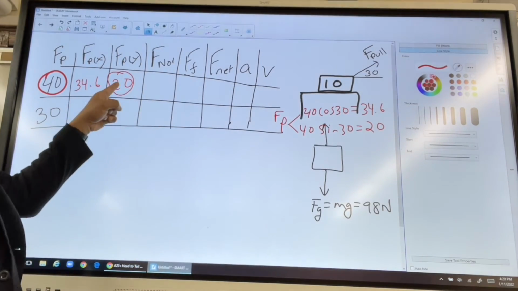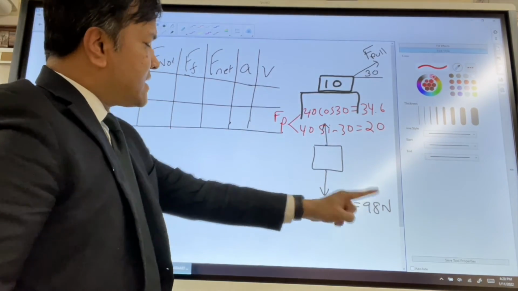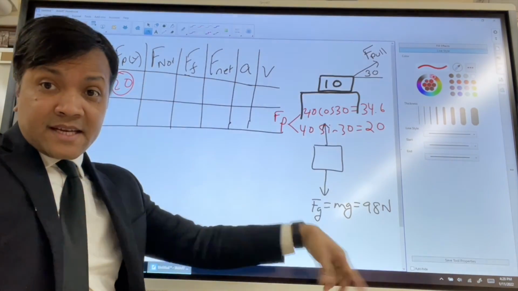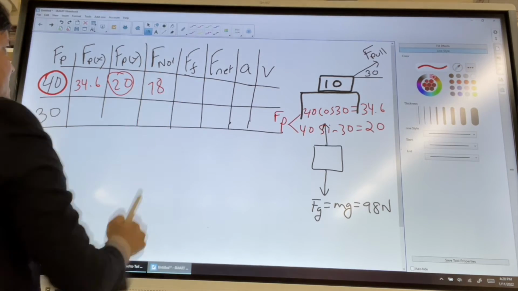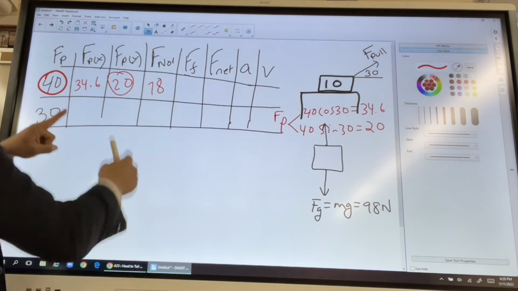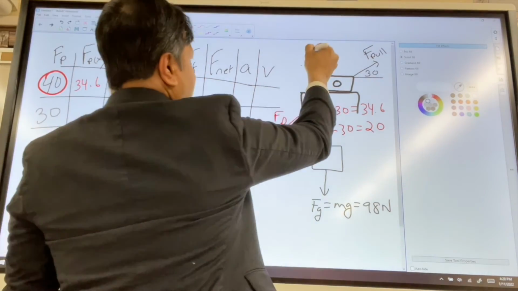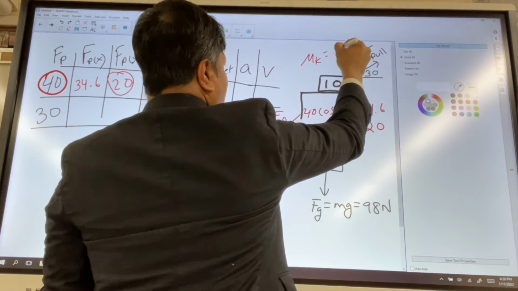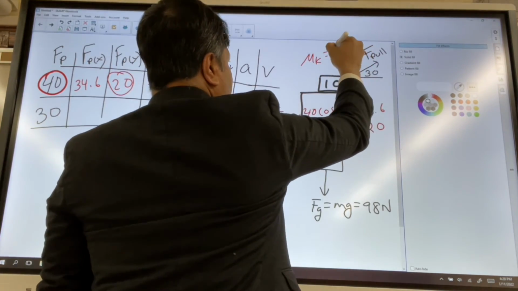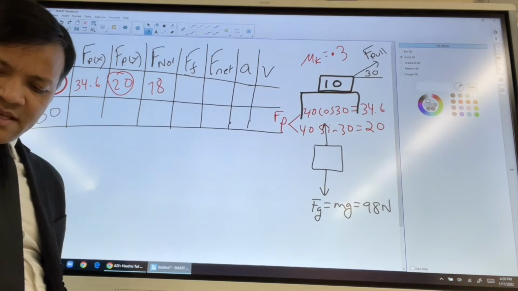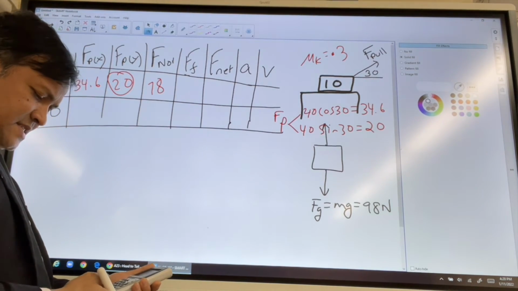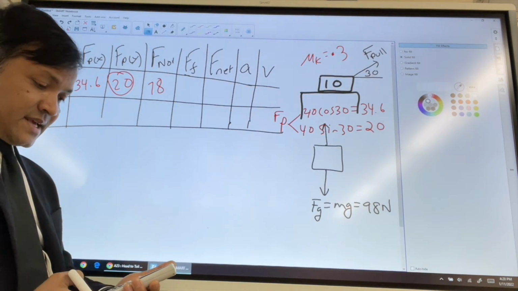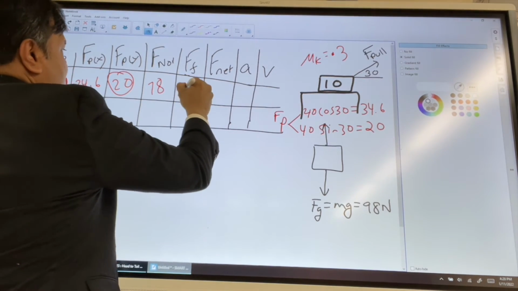So 20 will be subtracted from 98, and that would be the normal force. So what is the normal force? 78. And what is the force of friction? 78, and let's give you a mu k, let's say 0.3. So 78 times 0.3 would be 23.4.